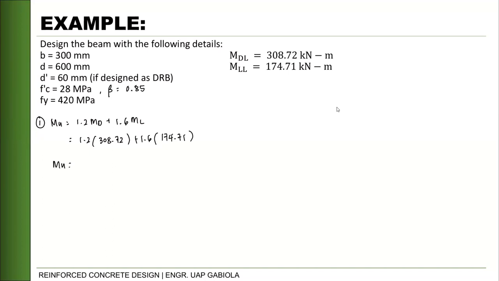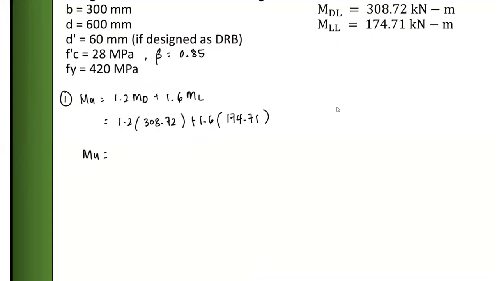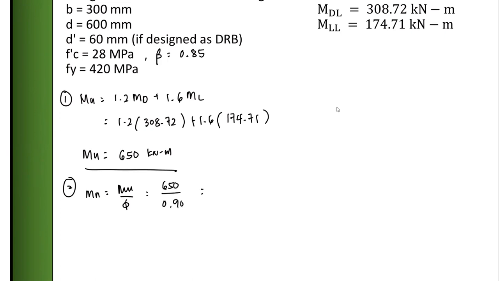So maximum moment natin for this section, that is 650 kilonewton meter. Okay. Next step, calculate for Mn. So Mu over phi. So that is 650 over 0.9. So 650 divided by 0.9, that is 722.22 kilonewton meter.